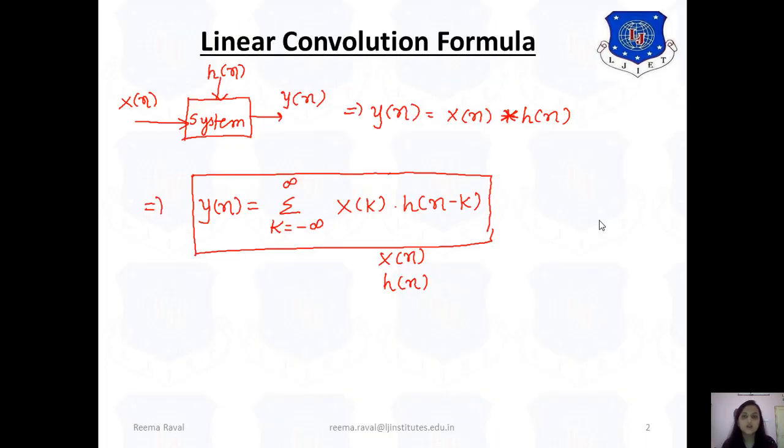This is the linear convolution formula which we have seen in the previous session. The formula is y of n equals summation of k equals minus infinity to infinity x of k into h of n minus k, where x of n is the input signal, h of n is the impulse response of the system, and y of n is the output system function.